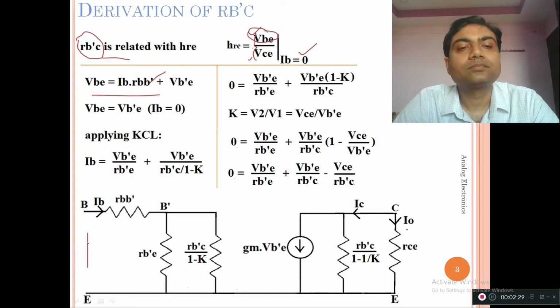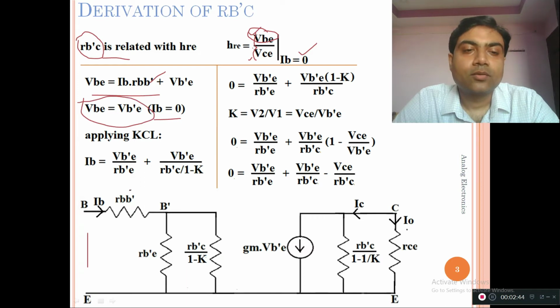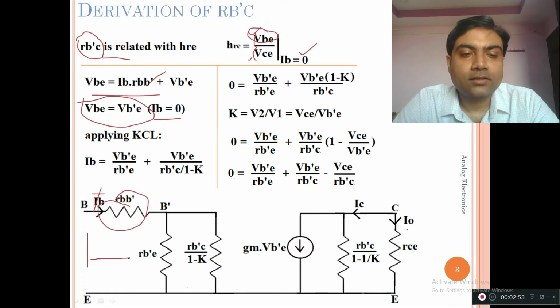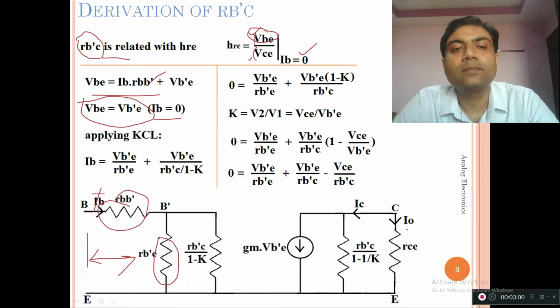VBE is the input loop IB into RBB' plus VB'E. If IB is 0, the input loop is open, so VB is going to be the same as VB', because IB is not present and there is no drop across the resistance. So these two voltages, VB and VB'E, which is present across RB'E, are the same.